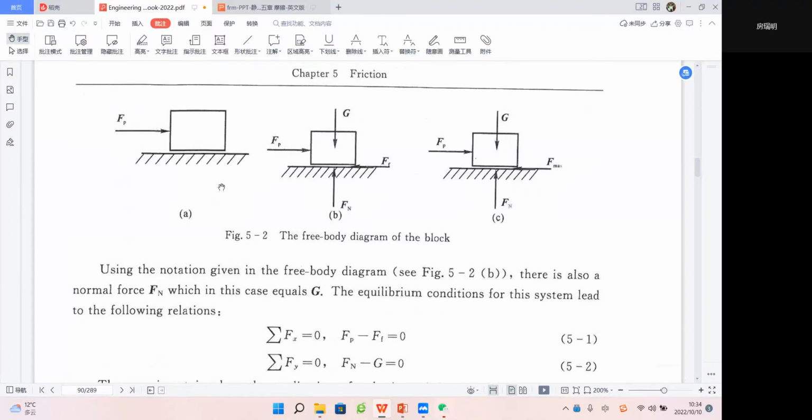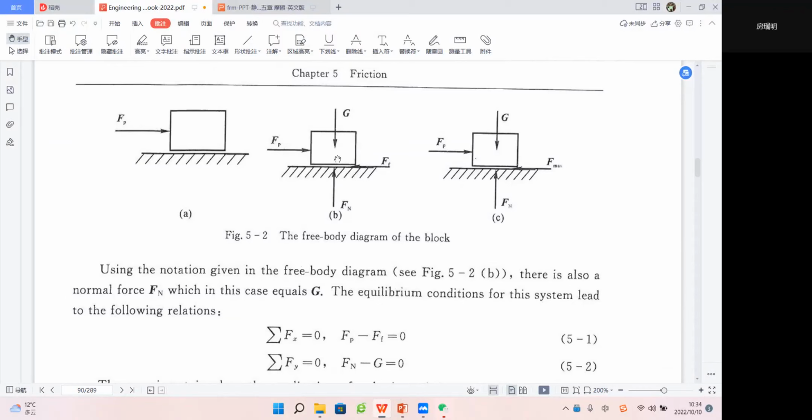But from our life experience, if the box is big enough and if the value of this FP is very limited, we will find that although we have this direction of FP, this box will be in the state of balance.